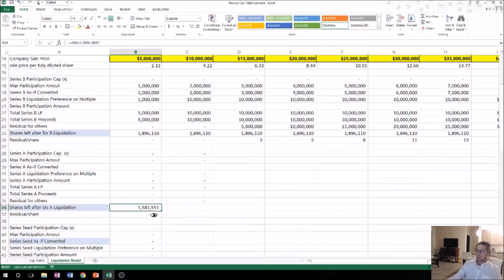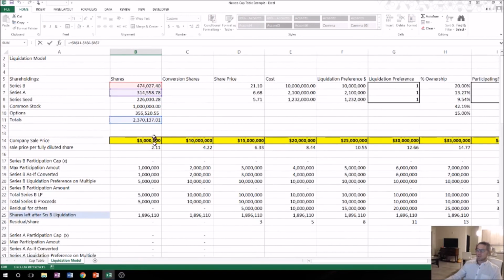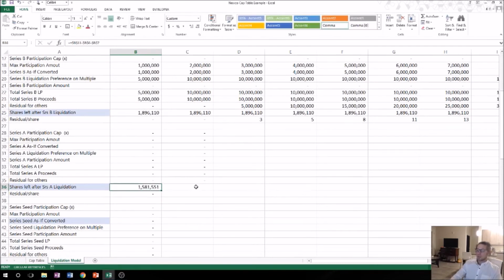So 0 there. So the shares left after the liquidation, that is just like we did above, but this time we're subtracting out the Series B shares and the Series A shares.